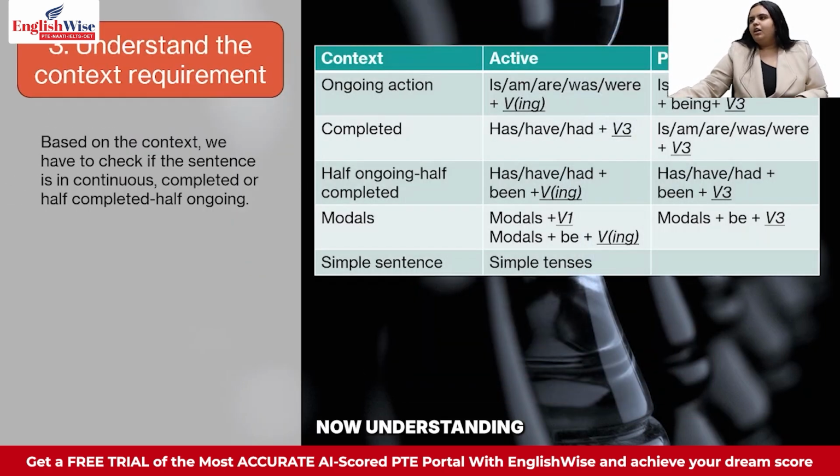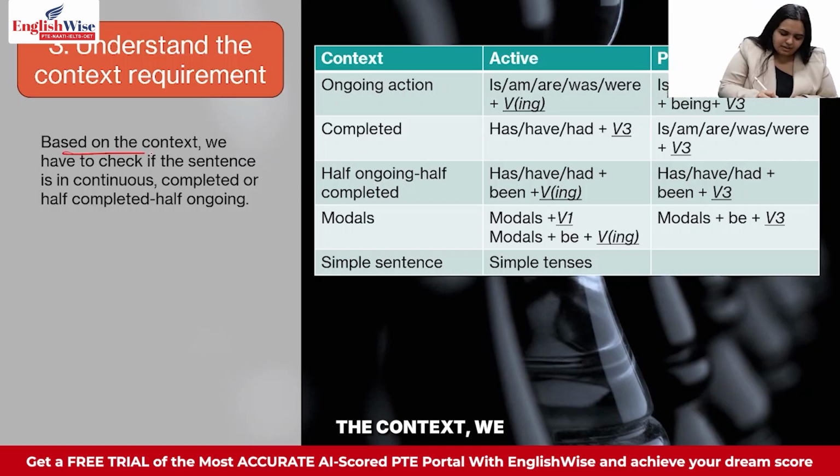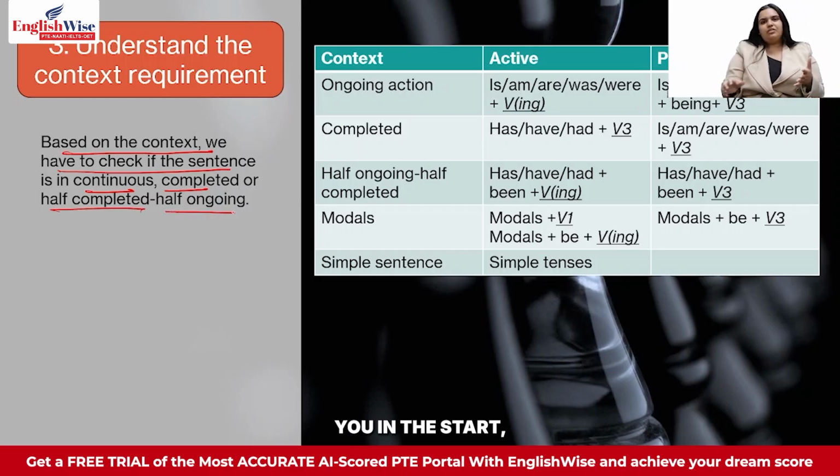Okay, now understanding the context requirement is important, because based on the context we have to check if the sentence is continuous, completed, or half completed, half ongoing. As I told you at the start, the 12 types of tenses all represent some action.